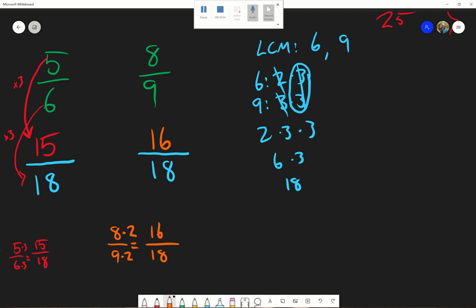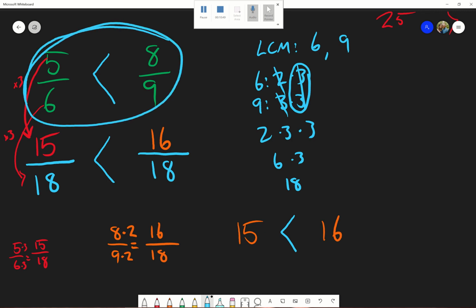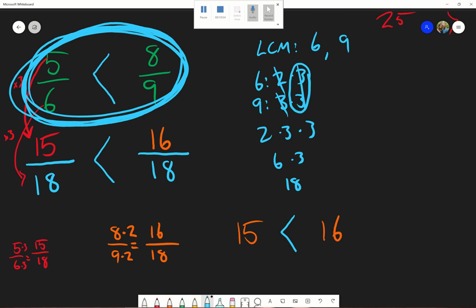And now that my denominator is the same, I compare my top numbers, 15 and 16, and we know that 16 is bigger, which means 8/9 is larger than 5/6. And there is our answer. So getting those quick equivalent fractions is going to be super helpful for us.